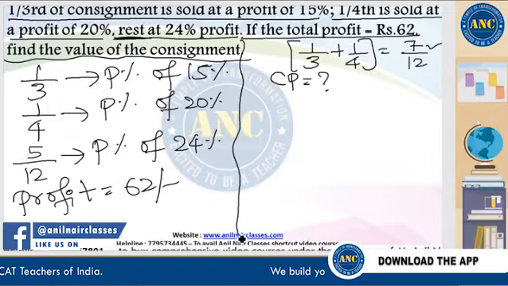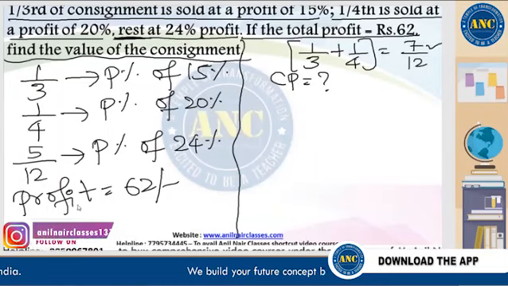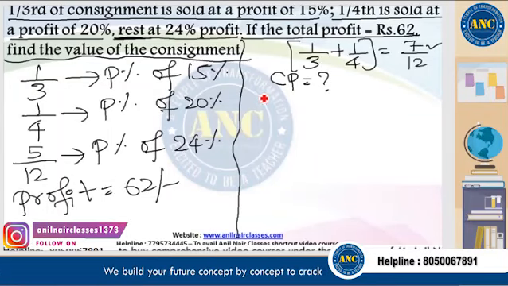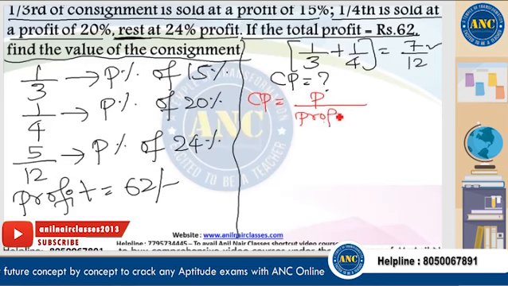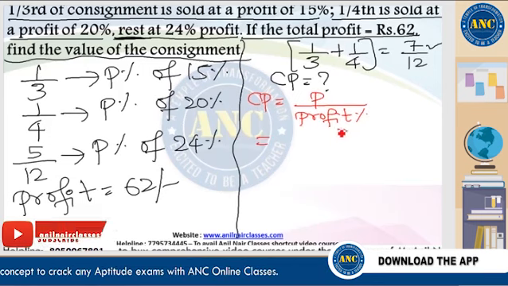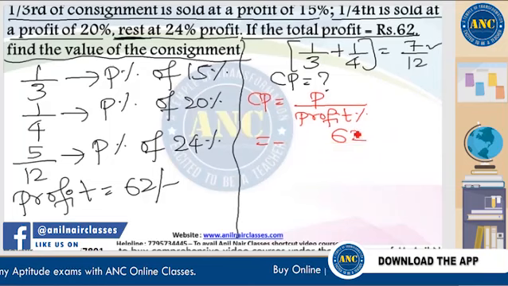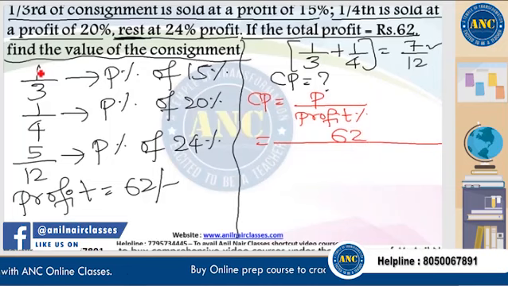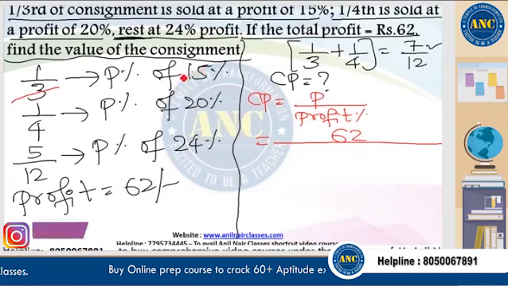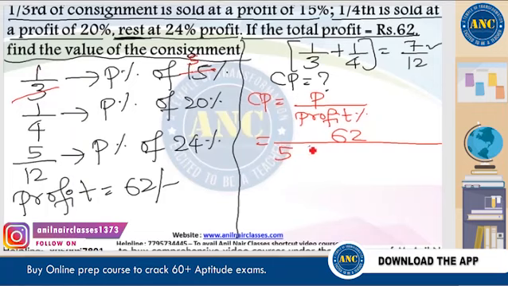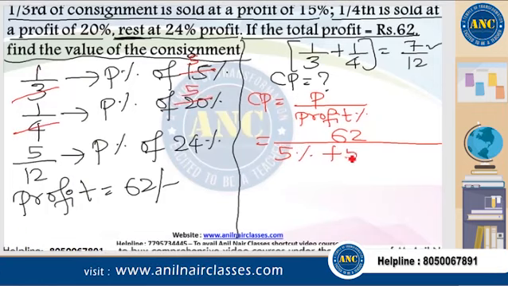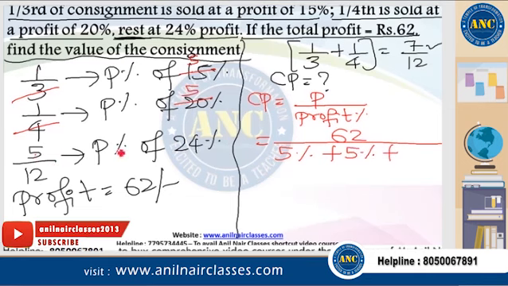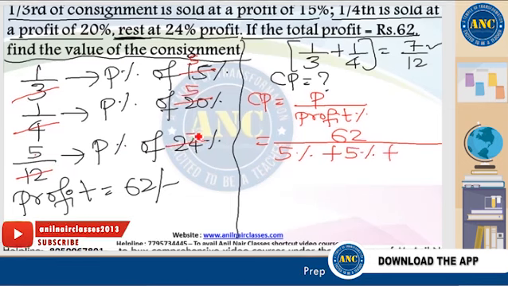Just now we discussed method 2 in my previous example. Same logic I will implement. Cost price is equal to profit divided by profit percentage. Total profit given in the question is 62, divided by the overall profit percentage. 1/3 into 15 is 5%, plus 1/4 into 20 is again 5%, plus 5/12 into 24 is 10%.